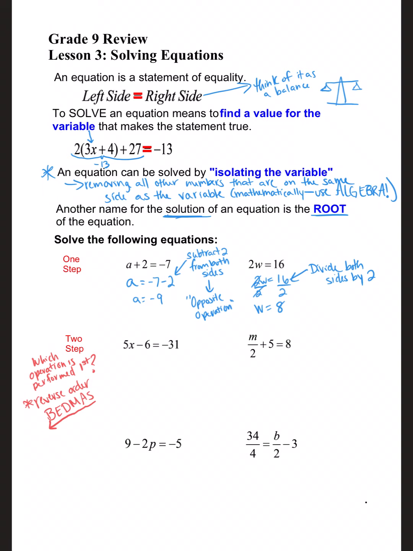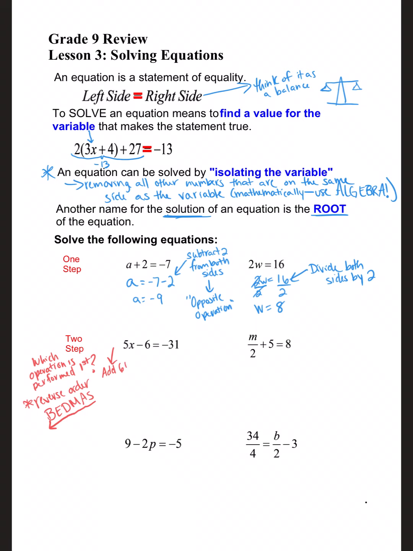So for this equation here, we have 5x minus 6. We're going to deal with any addition and subtraction first. So if we have a minus 6, we know to move it we have to add 6. And then we're going to deal with any multiplication and division after that. So we have a 5 times x, and to get rid of that 5, we need to divide because it was being multiplied.